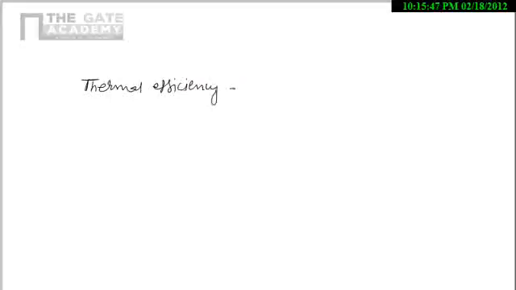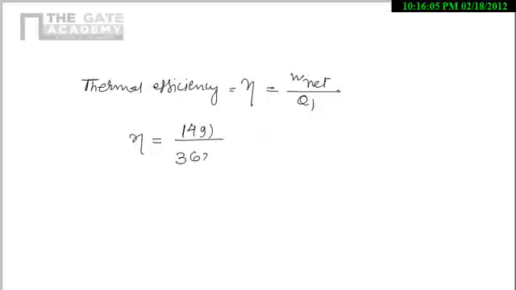So now we have the net work done and the heat supply. Let's calculate the thermal efficiency. Thermal efficiency eta equals W net by Q1, which is 1491 divided by 3626.7.